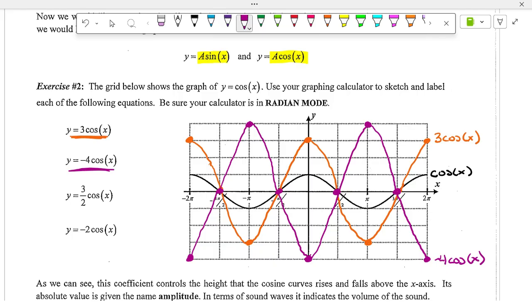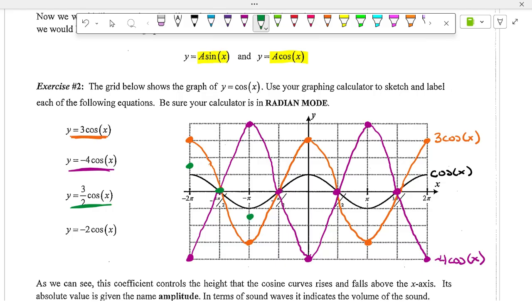All right. Do the same thing for the next one. So put in 3/2 in place of the -4. All right, tell me what those points are. So start at -2 pi. What's the y value? 1.5. So I'm going to go about halfway between 1 and 2. Then 0. Then -1.5.